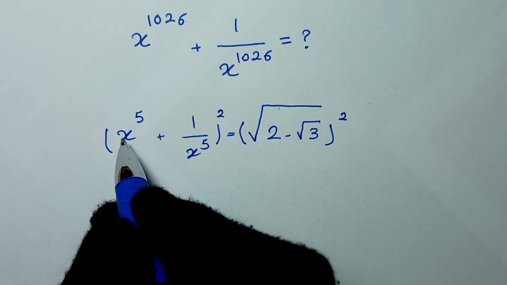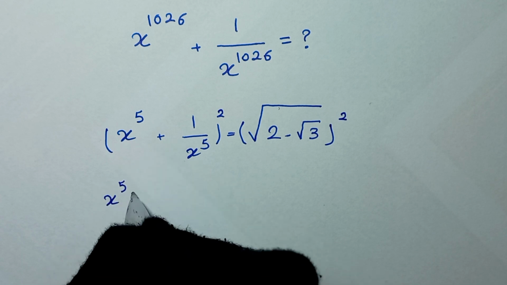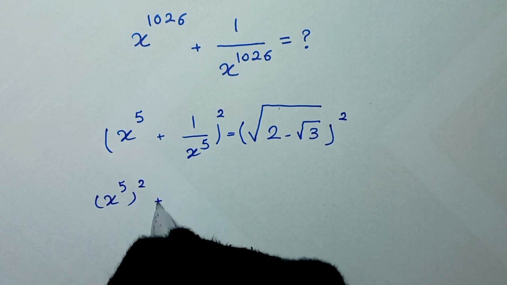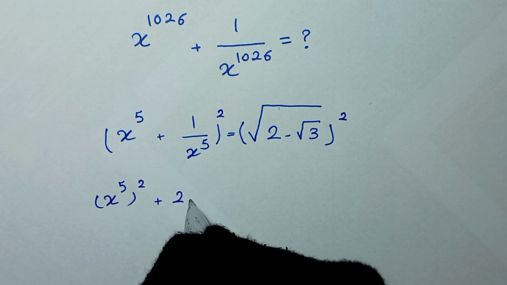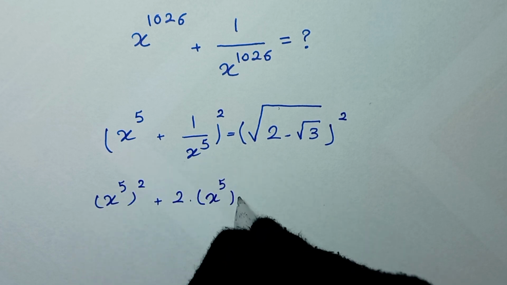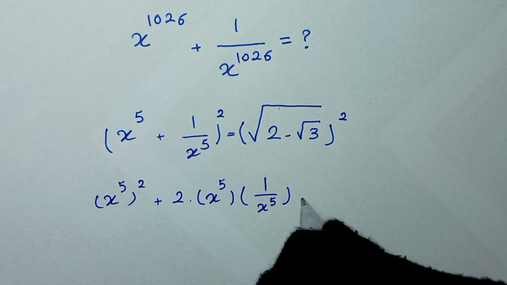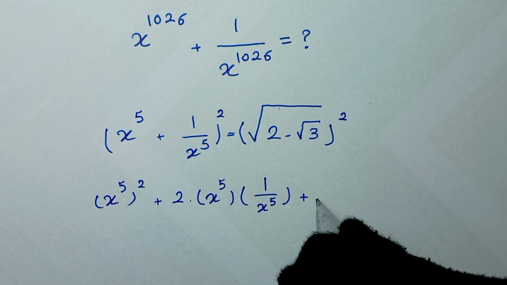It will be x to the power of 5 to the power of 2 plus 2 times x to the power of 5 times 1 over x to the power of 5 and plus this to the power of 2.